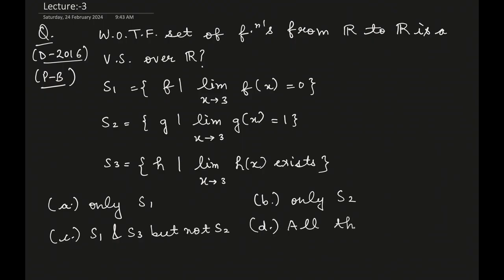D part, all the three are vector spaces. It is the C option, S1 and S3, not S2.